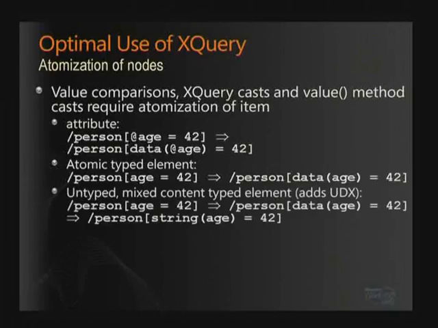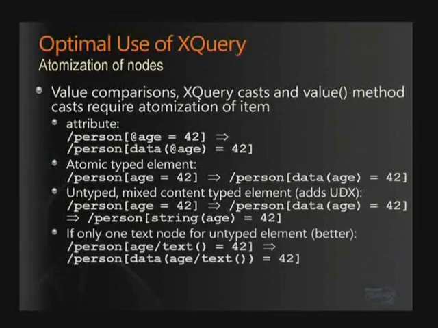However, if I have untyped XML, and I say person age equals 42, then this actually adds the UDX string of age equals 42. If I have, however, a text node in that latter case, then I say age/text, then it's again only atomizing the text node, and it does not add the UDX. Understanding this means that if I know whether I have a schema, if I know if I have leaf attributes or elements, I can actually rewrite my query to avoid that UDX.